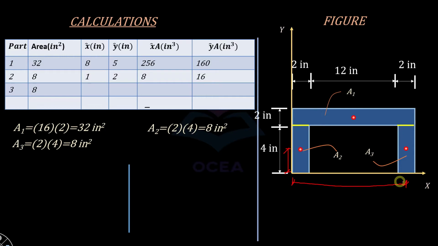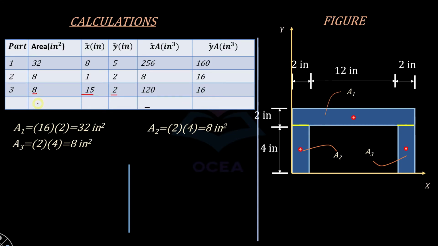So x3 is going to be equal to 2 plus 12, which is equal to 14, plus 1 would give me 15. And the y coordinate, this distance is going to be equal to half of this distance, 4 inch. So 4 upon 2 would give me 2. And x into a in this case is equal to 8 multiplied by 15, which gives us 120. And y into a, that is 2 multiplied by 8, is equal to 16.